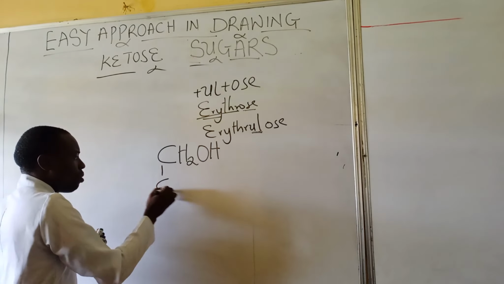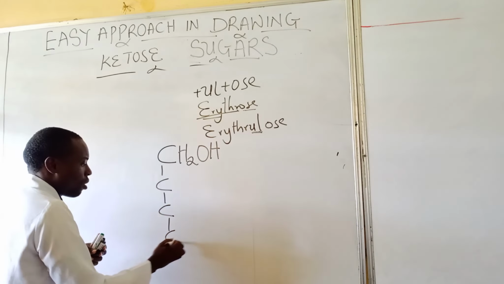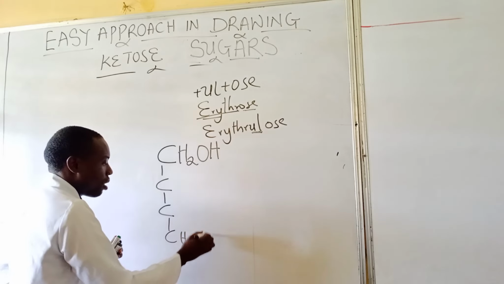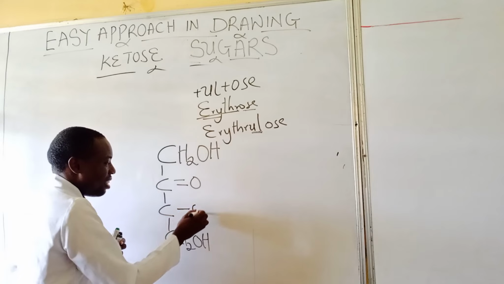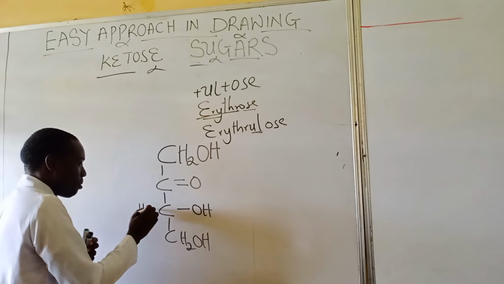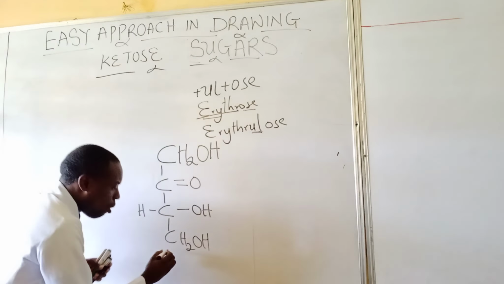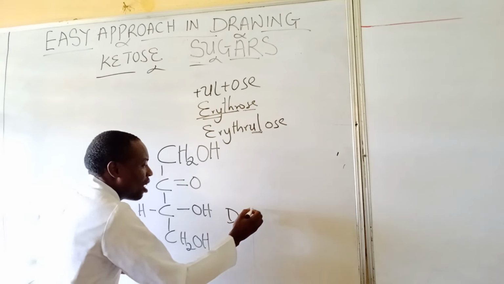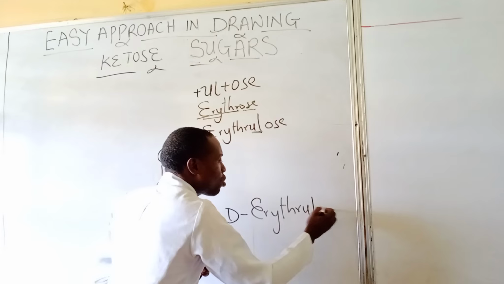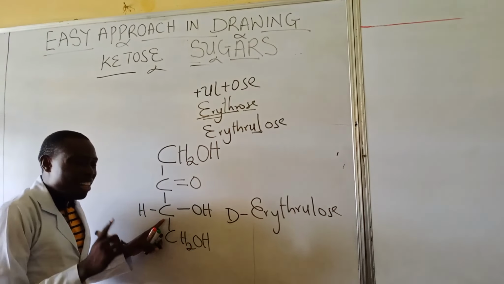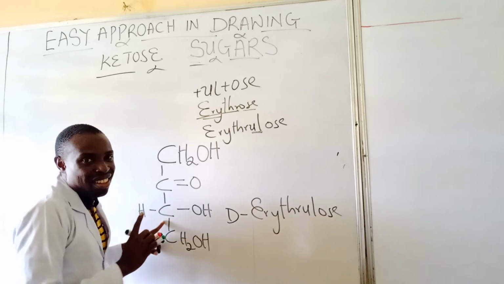Take note of the format. This is the functional group. This is the last chiral carbon, meaning in the case of erythrulose, we just have one chiral center.